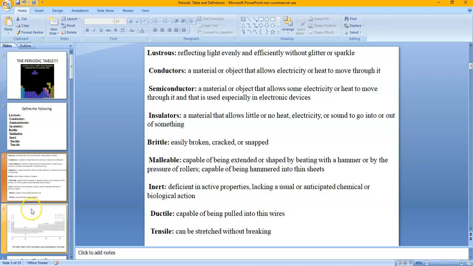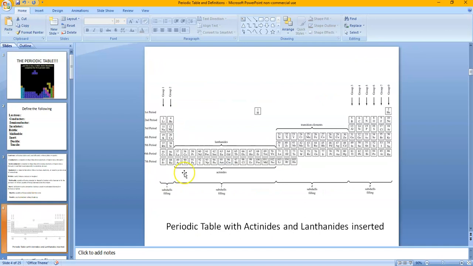All right, next thing, the periodic table looks like this. The way that it is put together, you have your first two groups, and then the lanthanides and the actinides actually go in between the transition metals and group 2. So when you're looking at the periodic table, this is how they're supposed to work.